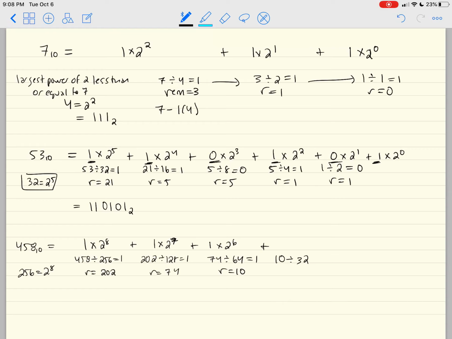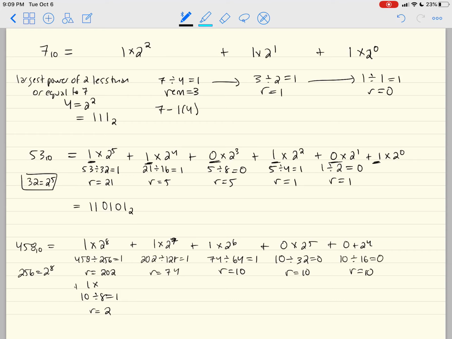10 divided by 32, I can't skip things, quotient of 0, remainder of 10. 10 gets pushed on. 10 divided by 16, quotient of 0, remainder of 10. I've run out of room, so I'll go to the next line. Now 10 divided by 8 gives me a quotient of 1 and a remainder of 2.